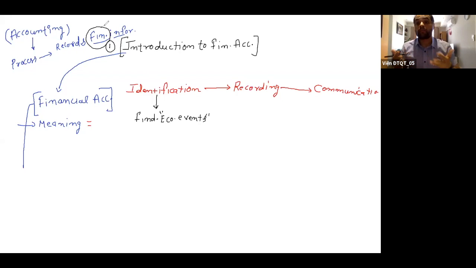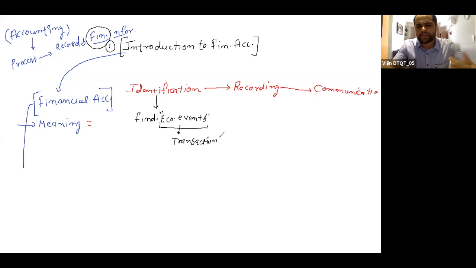We call them economic events, right? That kind of event has a financial impact on the company, so we have to find those events. In other words, we can say that economic events means transactions, in simple language. So we have to identify the transactions.